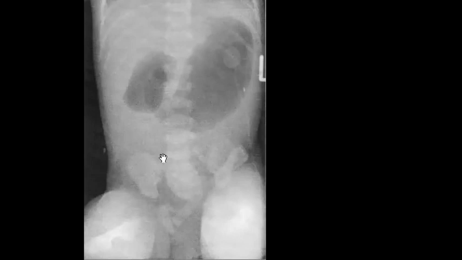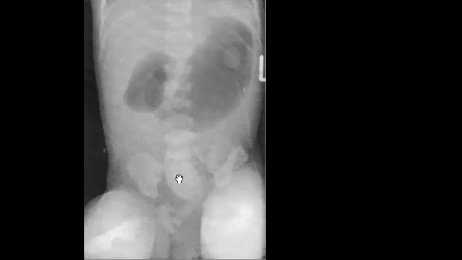Okay. So the differential diagnosis in this case will be duodenal web or duodenal stenosis, which have a similar picture, but usually they are associated with gases in the distal bowel. That's why it's important to mention it in the description.